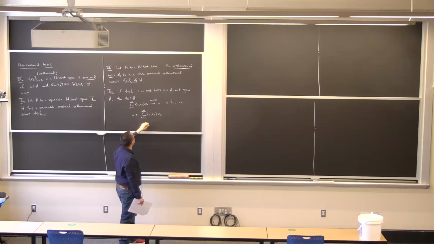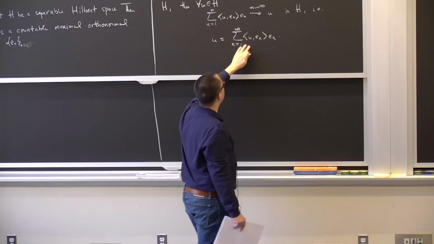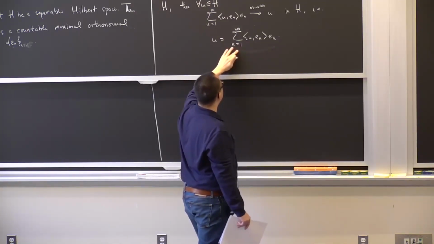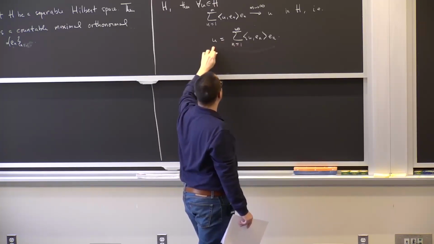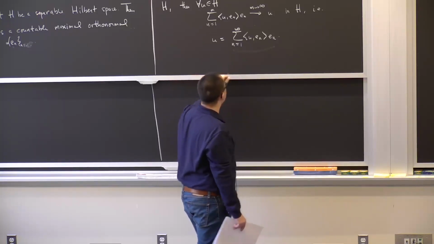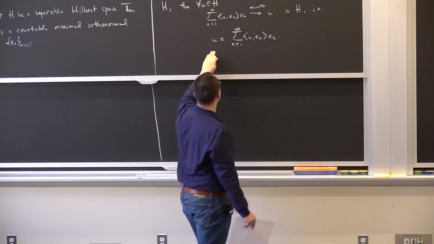Then we're going to use the fact that this collection is maximal to show that the inner product of whatever this defines with each element e_n is the same as the inner product of u with each element e_n, and then conclude that this thing on the right side has to equal u.